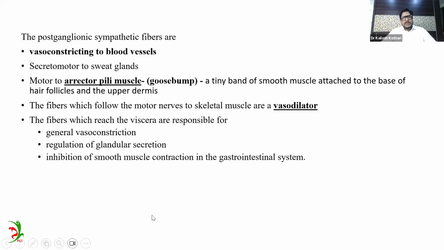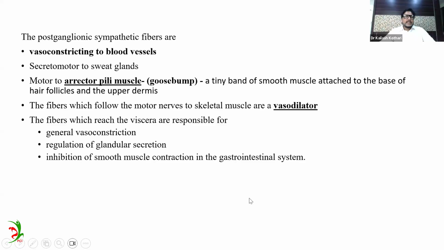The fibers which follow the motor nerve to the skeletal muscles are vasodilators. So the fibers following the blood vessel cause vasoconstriction, and fibers following the motor nerve are vasodilators. The fibers which reach the viscera are responsible for general vasoconstriction, regulation of glandular secretion, and inhibition of smooth muscle contraction in the GI system.